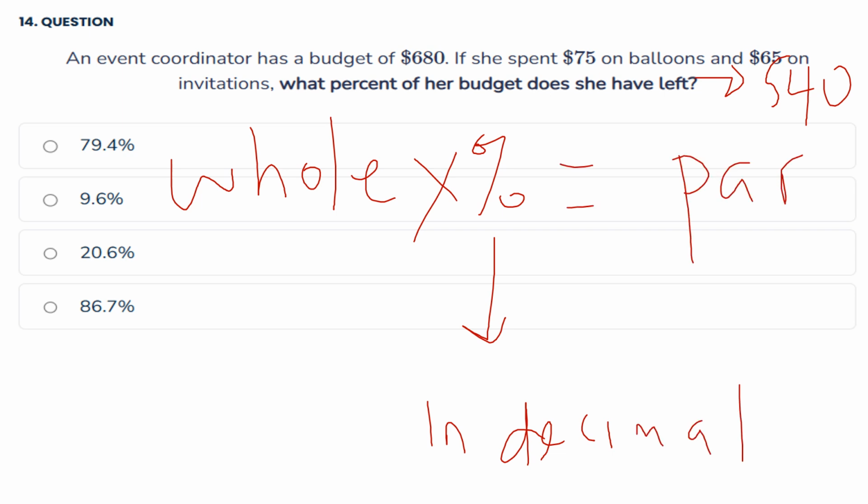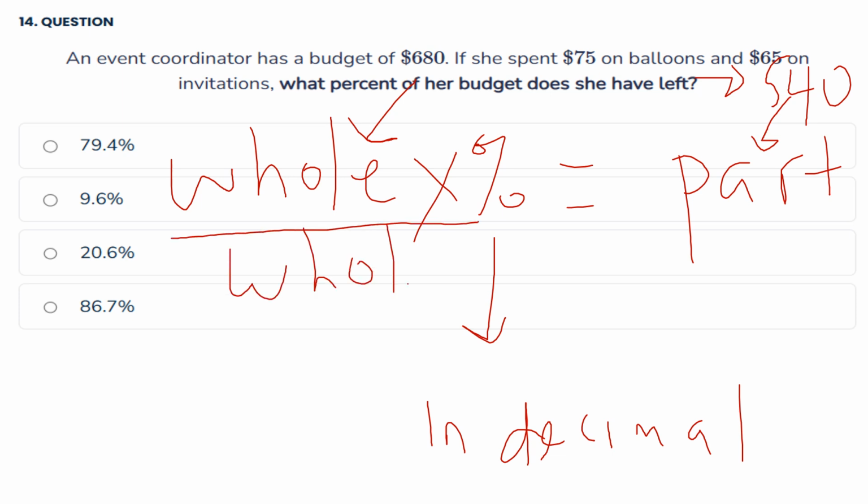So based off of this, we know what the whole number is. That's that. We know the part is 540. So to figure out what the percent is left, we have to divide both sides by the whole. Over here.